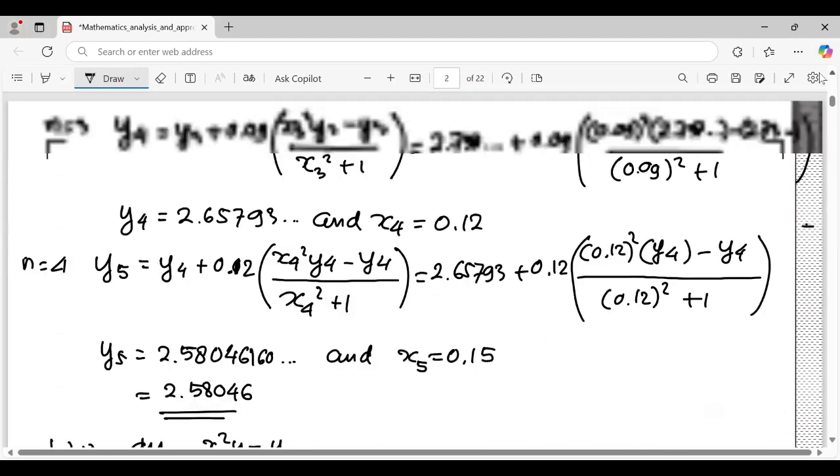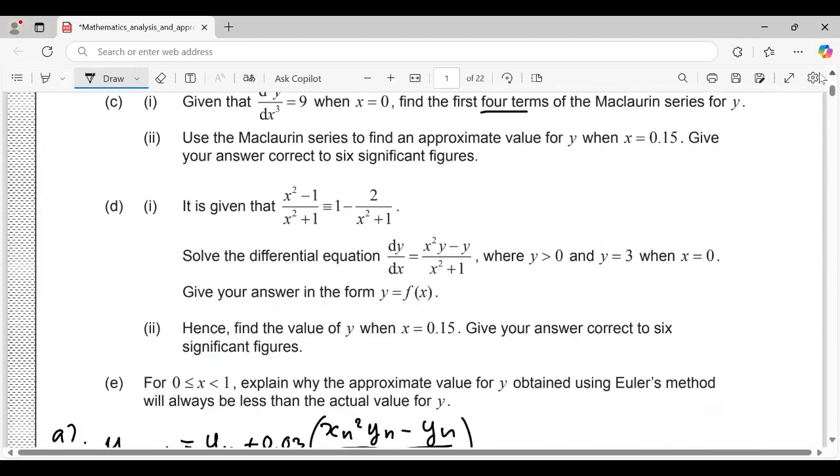Next question, D. It is given that this equation solves the differential equation one where y is greater than 0 and y equals 3 when x equals 0. Give your answer in the form y equals f(x).